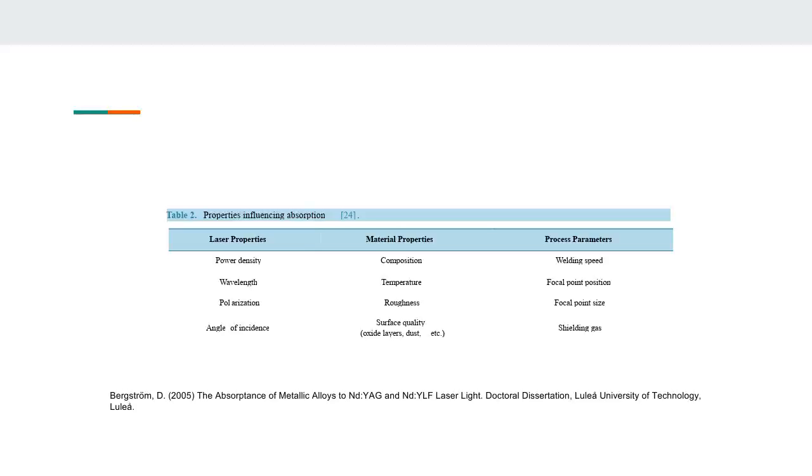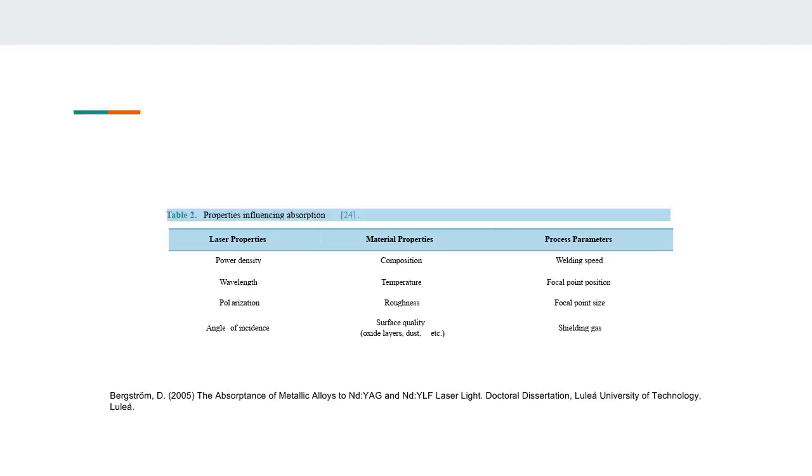There are several different mechanisms of beam absorption by a workpiece. Basically, in laser beam welding, where laser energy can deeply penetrate the material via the keyhole, the energy absorption process is described by two mechanisms.